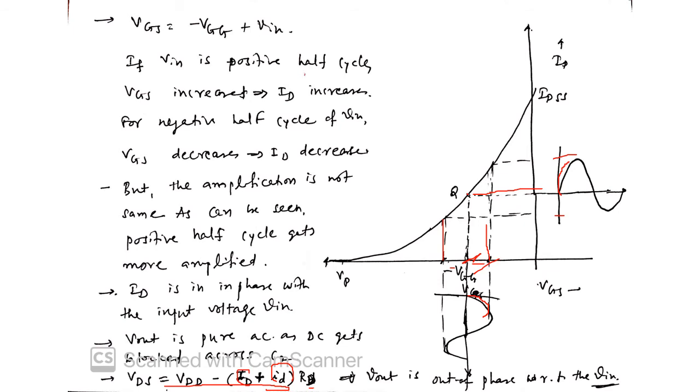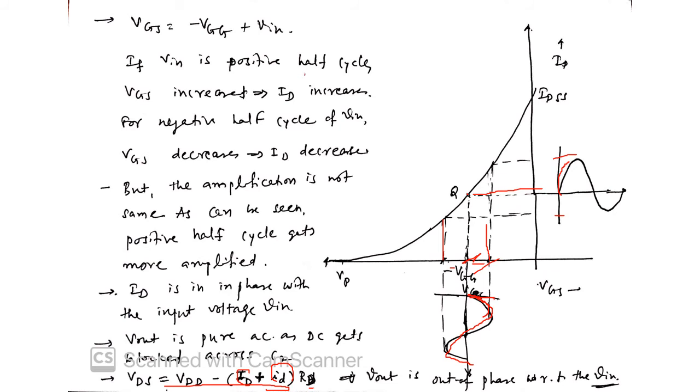That means when ID is increasing, VDS is reducing. Overall, VGS is also in phase with VIN, and ID is in phase and VGS is also in phase.